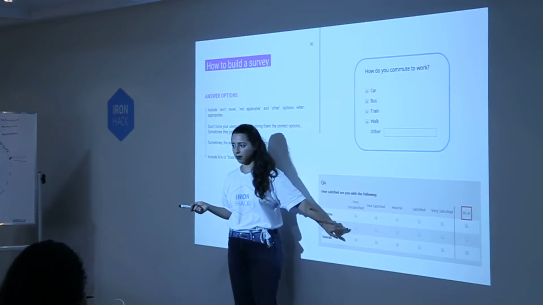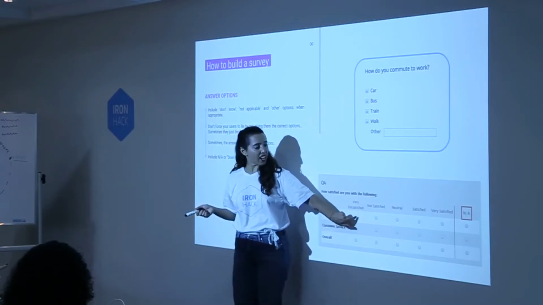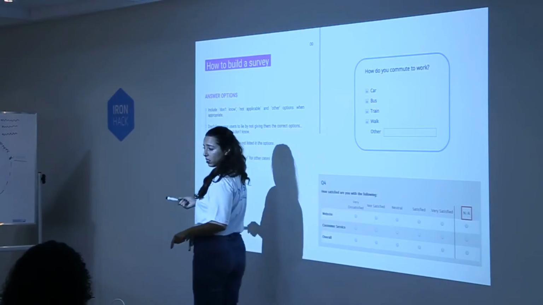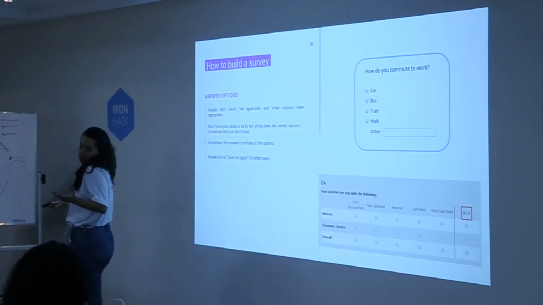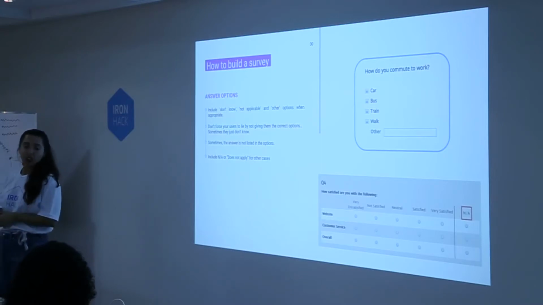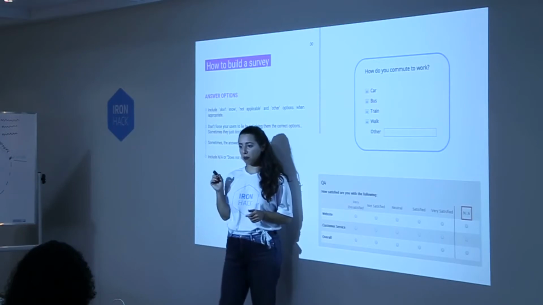The Likert scale? Yeah, it's the Likert scale, so you can choose only one, because in a Likert scale, if you would select two, then we don't have data, right? So these are called radio buttons. Radio buttons.